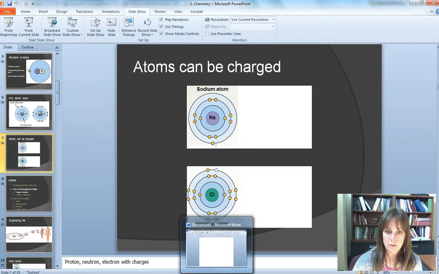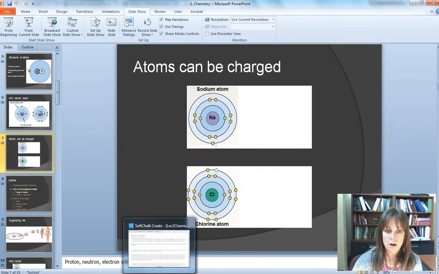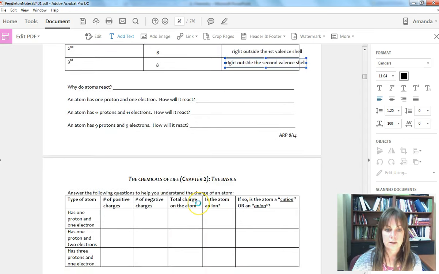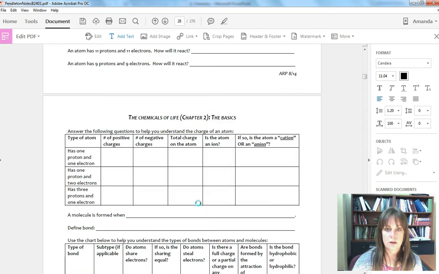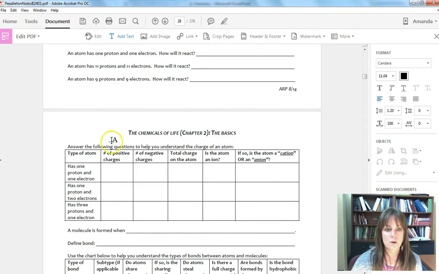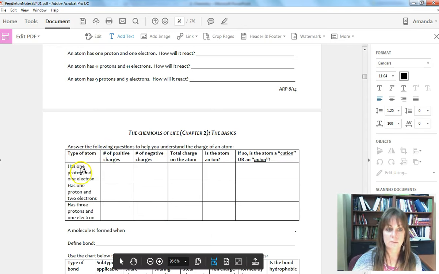So let's go here to our notes and let's work through some problems here. It will be helpful. Okay. And so answer the following questions to help you understand the charge of an atom.